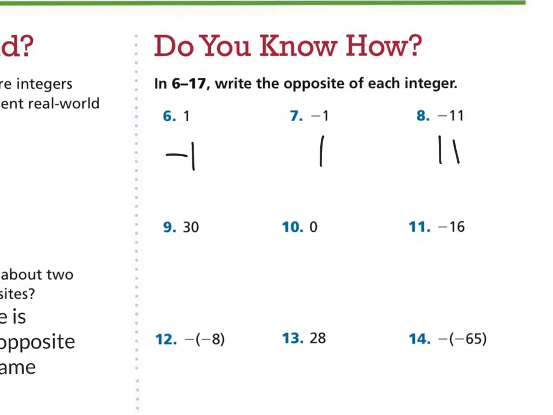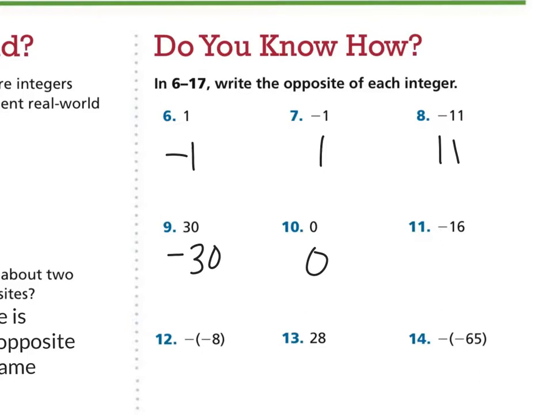Number 9, the opposite of 30 is negative 30. Number 10, the opposite of 0. That would be 0. Remember our definition of opposite, it's the same distance from 0. So 0 is the same distance from itself as 0. They're both right at 0.